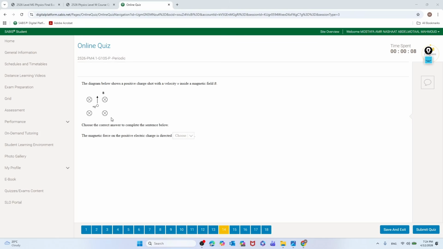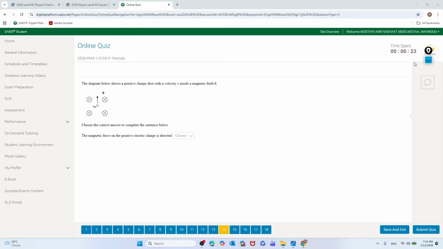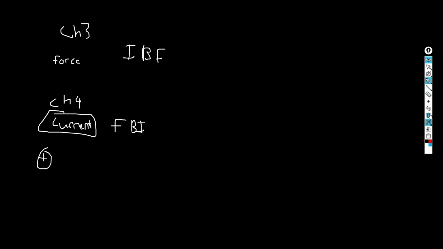It's a positive charge, so you use... Guys, here also, the current is moving. So the current is generating a force, so the force is being generated at the end. Okay? So use I, B, F, because the force is being generated. So I, B into the plane, F, the force is going to be to the left. Leftward.